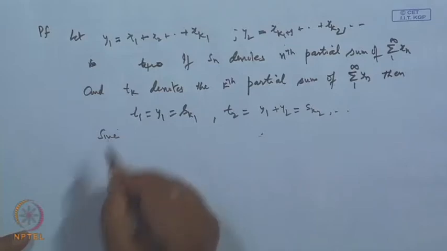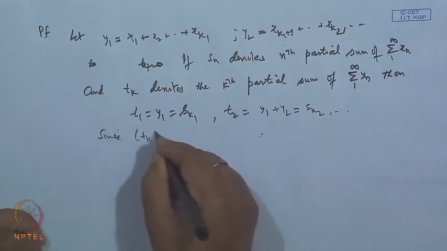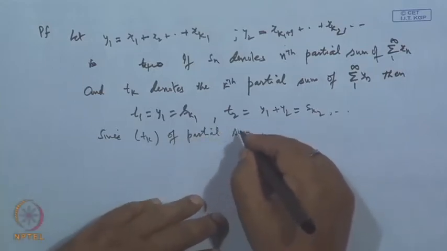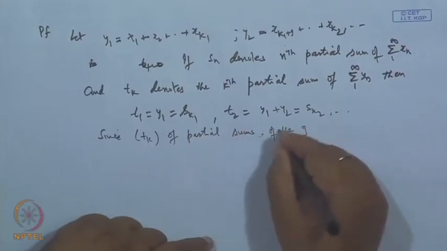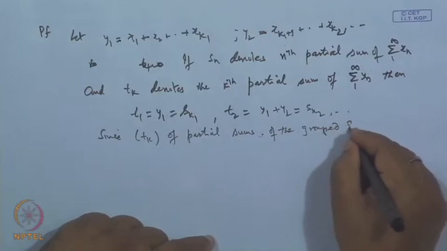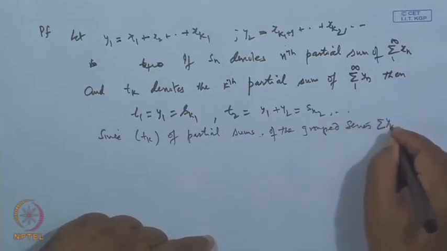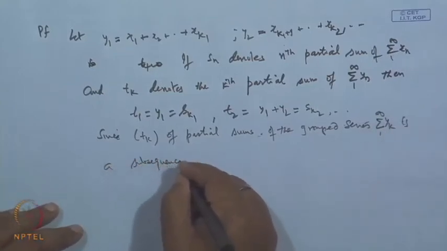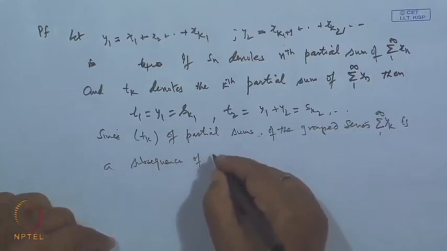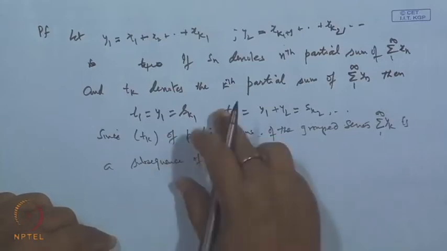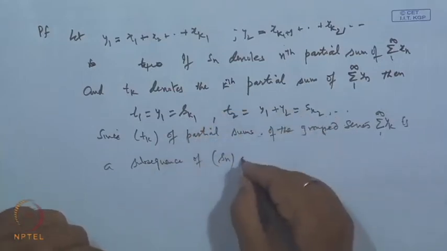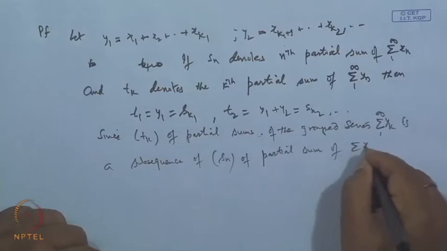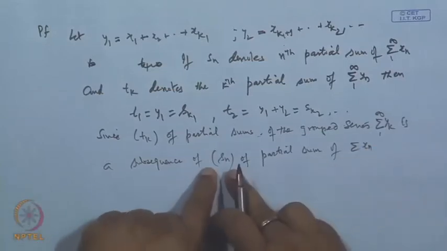So, since the sequence T k of partial sums of the grouped series sigma y k, 1 to infinity, is a subsequence of the sequence S n, where S n is the first n terms' partial sum of the series sigma x n, and this series converges, this partial sum is convergent.